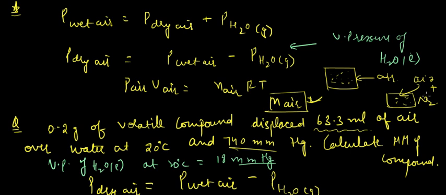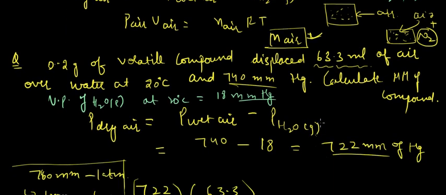The number of moles of N2 which gets into the vessel would be equal to the number of moles of air which have been displaced.